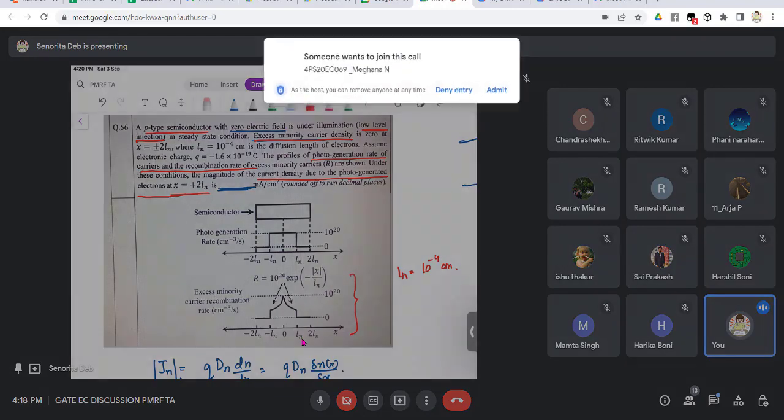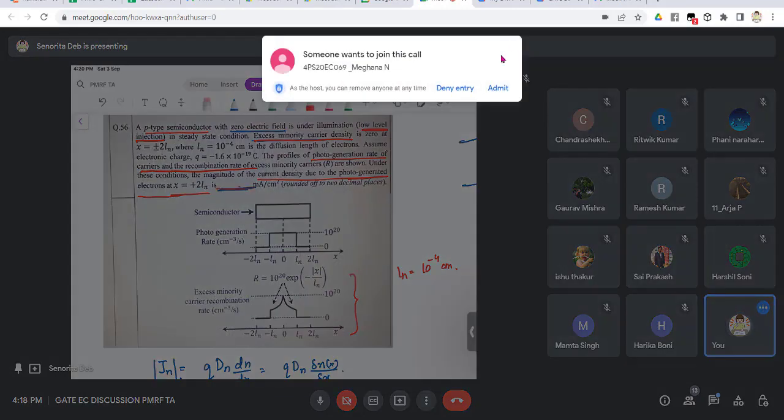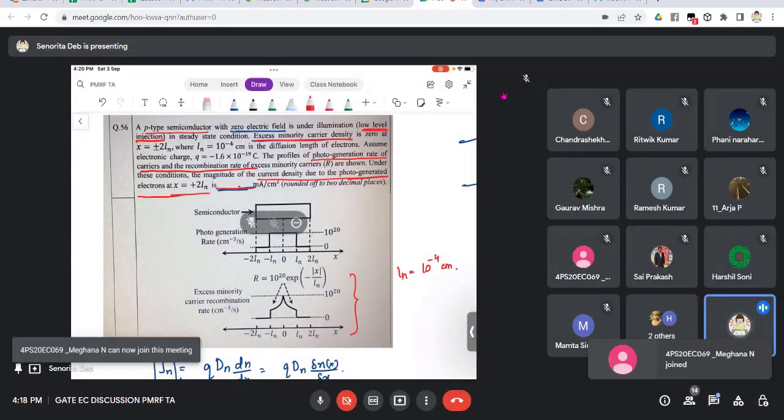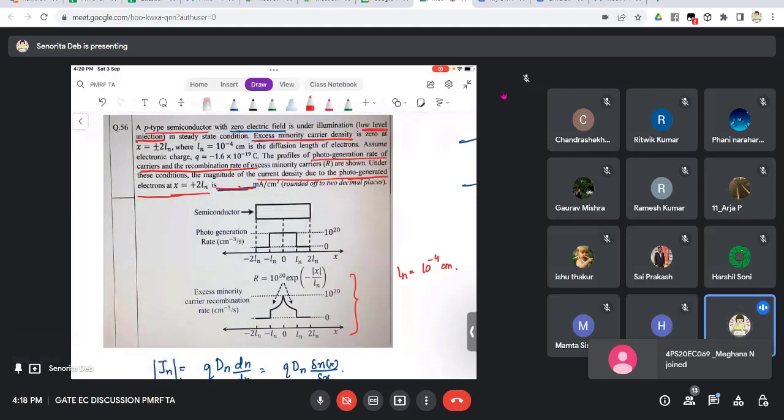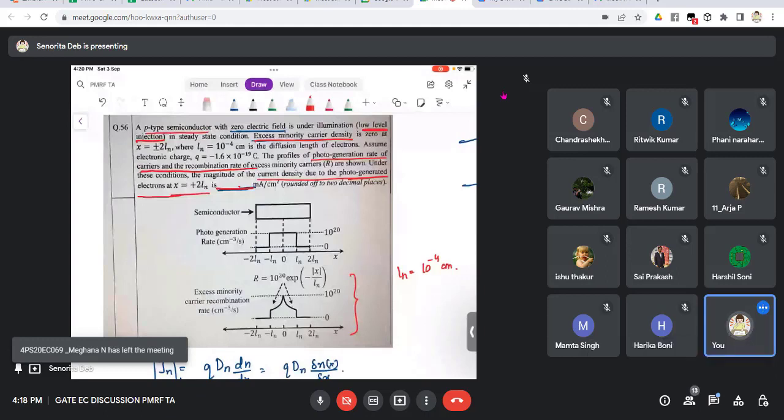As you can see, this is a numerical answer type question, which means it won't have any objective options given. This is a very complicated and lengthy question.